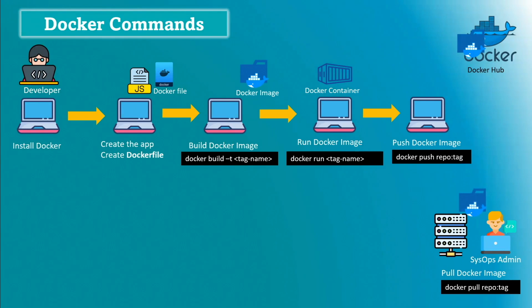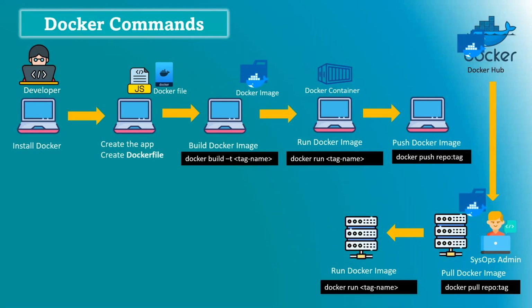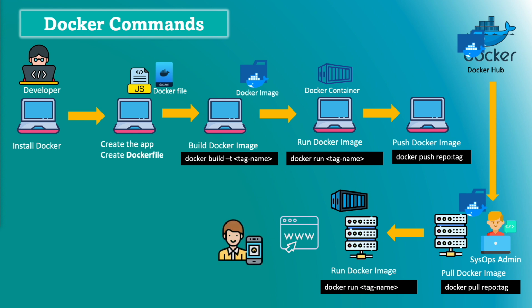This will download the image to the server's local storage. Next, the system administrator will run the Docker image again, the same run command the developer used. A new Docker container with all application changes will be created and will run on the server. End users of this application will be able to access the app via internet or intranet.